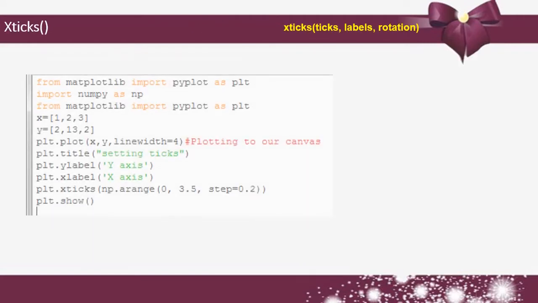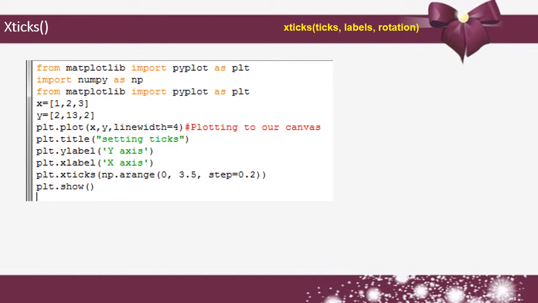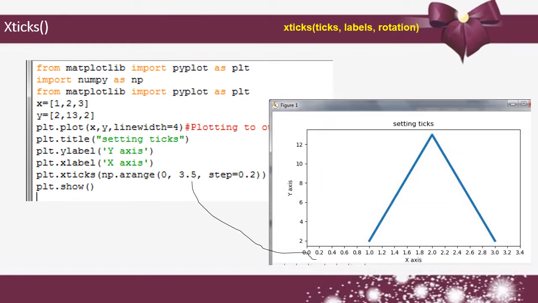Next, ticks, for setting the labels of a particular axis. Here xticks is used to set the labels for the x-axis. So here in xticks we have given np.arange, that is a NumPy method, of 0, 3.5, step equal to 0.2, meaning 0 to 3.5 minus 1, that is 3.4.